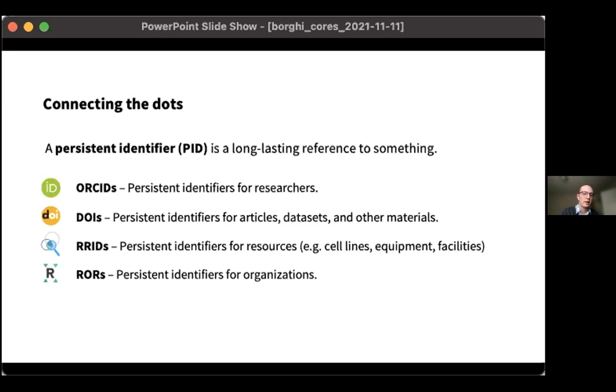I think next week there'll be a little more conversation about how to do this, but I will end this part by saying that when you share your research objects, it is really helpful to connect the dots. The best way to do that is by having persistent identifiers for things and associating them with one another.